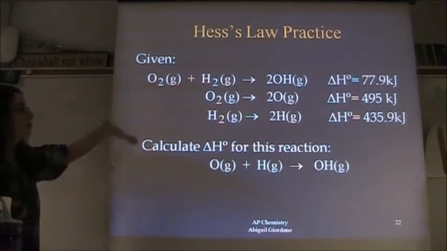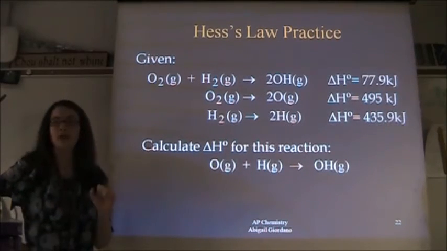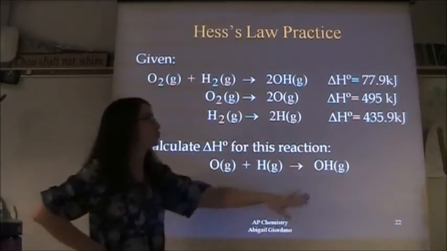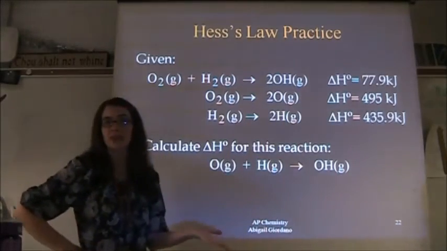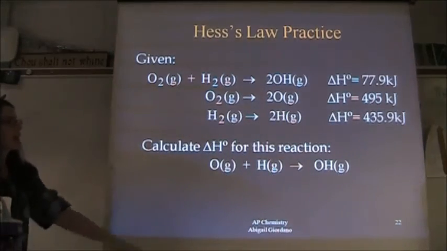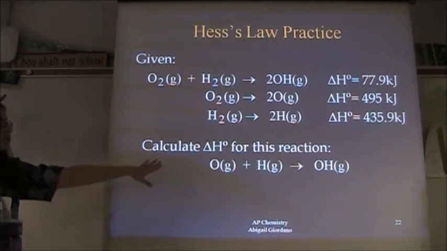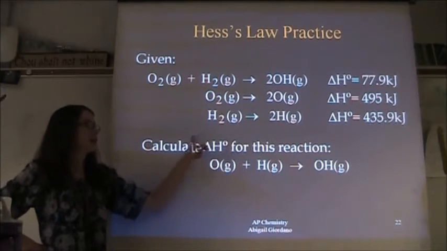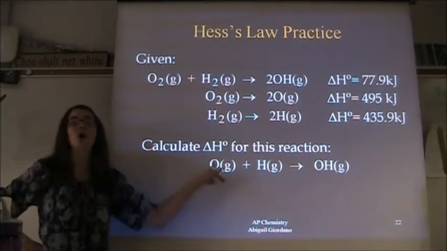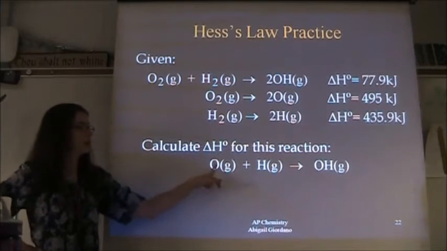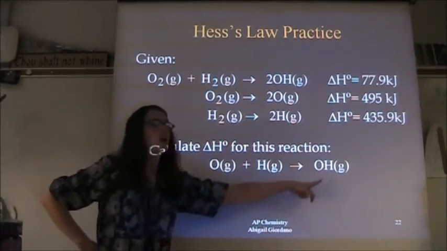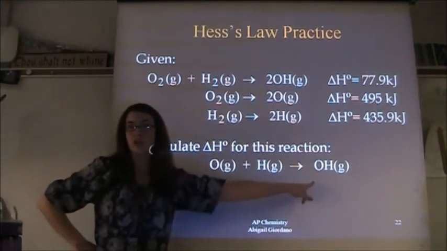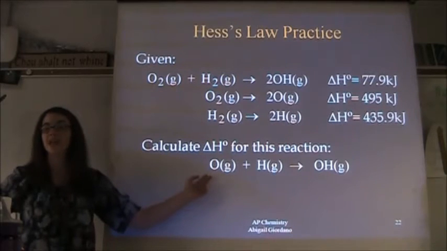I am given 3 elementary steps. As I said, each one will have an enthalpy value associated with it. And our job, it says, calculate, and what this really means is calculate the overall change in enthalpy for this overall reaction. This is the one I'm supposed to end up with at the bottom.